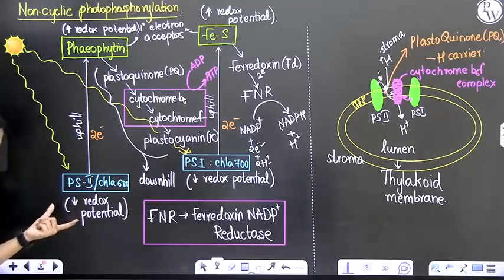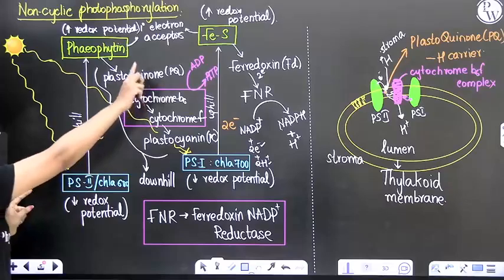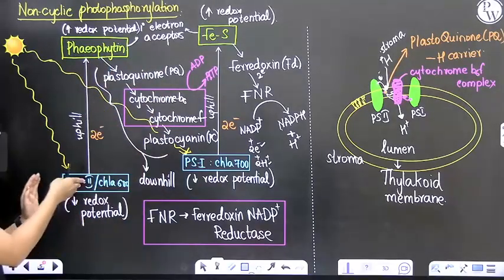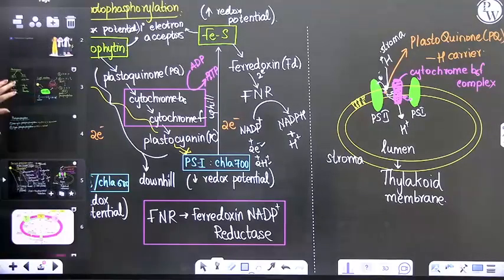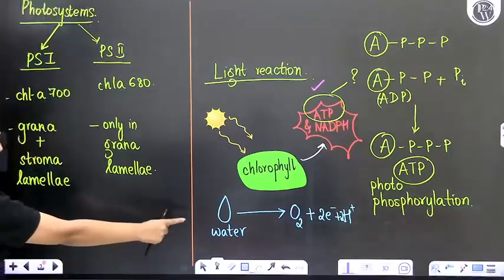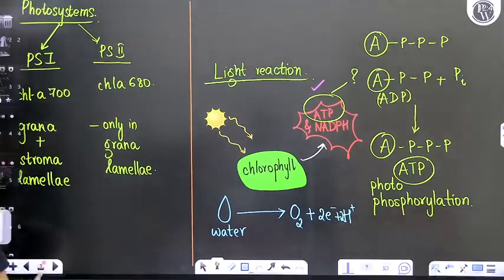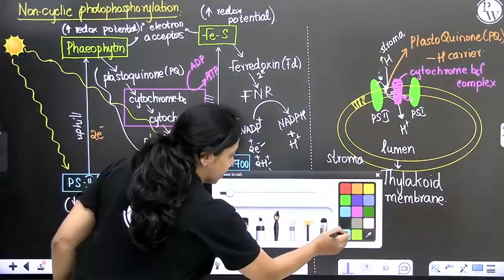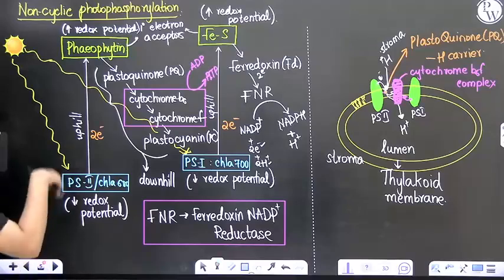But over here, it lost 2 electrons, and the electrons from PS1 or PS2 did not replace the electrons lost from here. This is where the role of water comes in. I told you that water will split and form oxygen, electrons and protons, right? That happens. Why does that happen here? In order to replace the electrons that PS2 has lost.